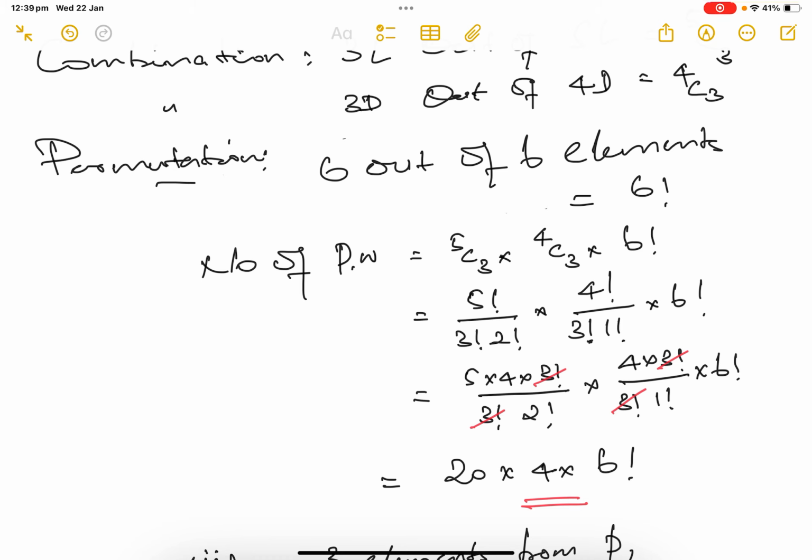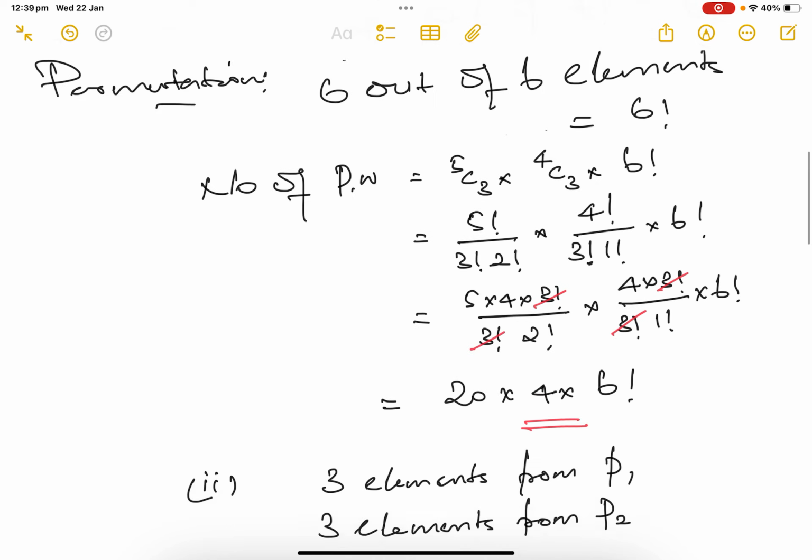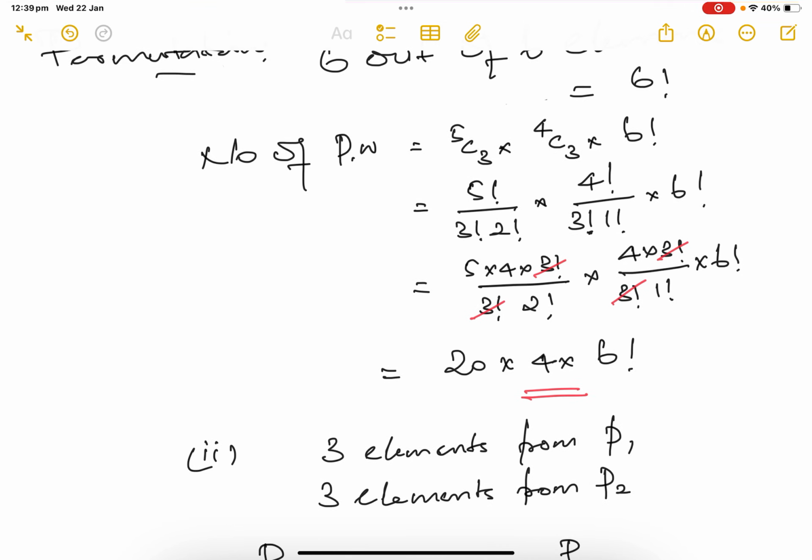The number of passwords we can form is the letter combination 5C3, times the digit combination 4C3, times 6 factorial for arranging the 6 elements. So 5C3 times 4C3 times 6 factorial is the number of passwords that can be formed with 3 letters and 3 digits picked from P1.